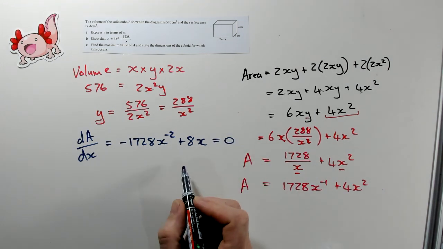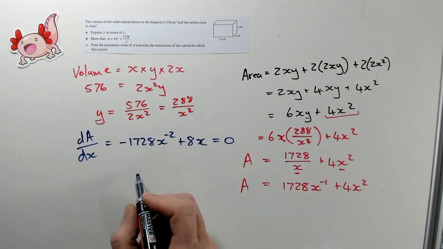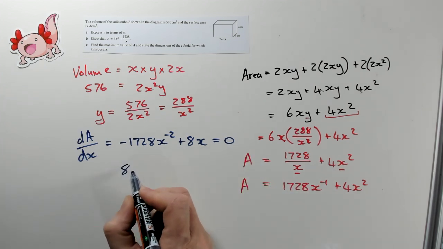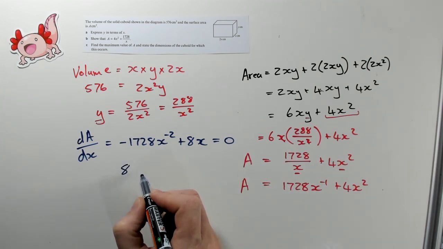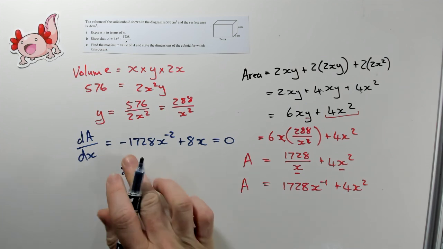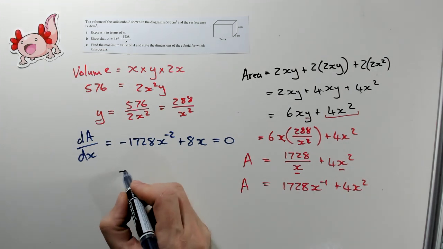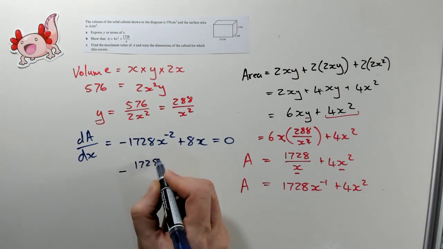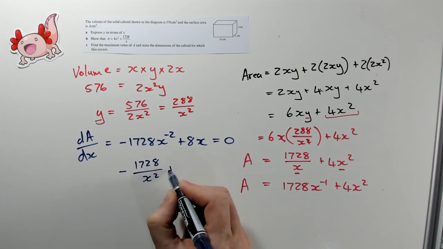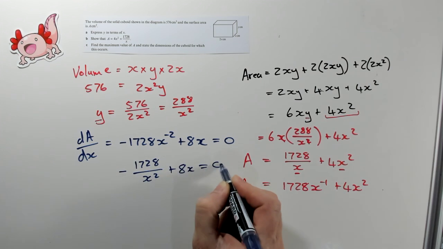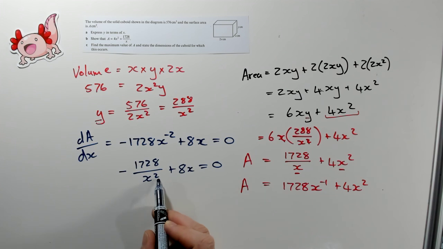I'm going to rewrite this, just take the other thing over. What's going to be easier? No, let's just do this first. We'll say 1728 over x squared plus 8x is 0, and I'm going to multiply through by x squared.